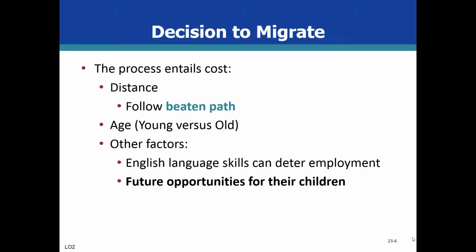Once here, they tend to cluster in neighborhoods populated by current immigrants. So they follow a beaten path and tend to cluster. That's not necessarily a bad thing, but they do. For example, thousands of Russian immigrants have located in Boynton Beach, New York. Numerous Asian immigrants have also located in San Francisco.